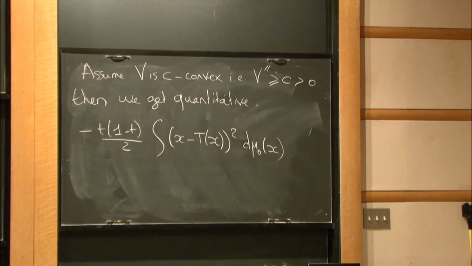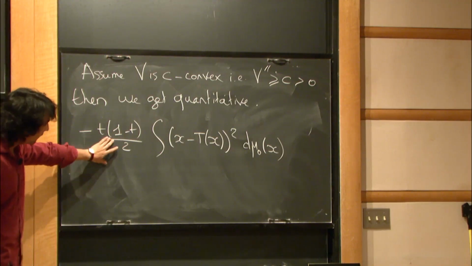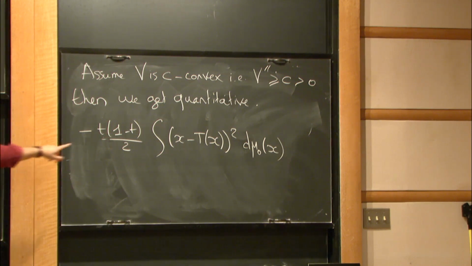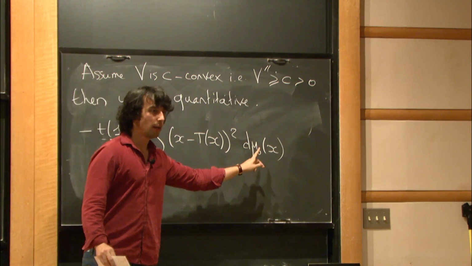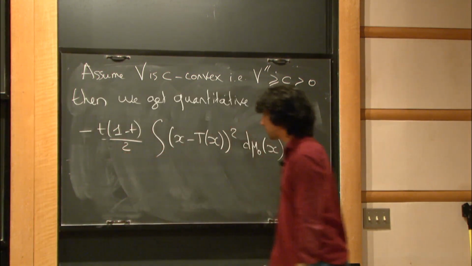And so this should be here. If V is convex, this inequality holds with a quantitative gain. And what we see appearing here is the quadratic cost for the optimal transportation.